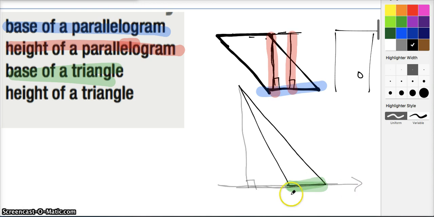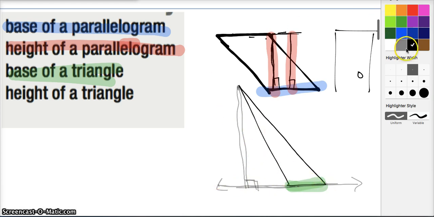So here's a line that contains that base, and the height of the triangle is going to be the perpendicular distance from the vertex opposite the base straight down, forming a perpendicular angle with either the base or the side containing the base. You guys see what I mean here, right?